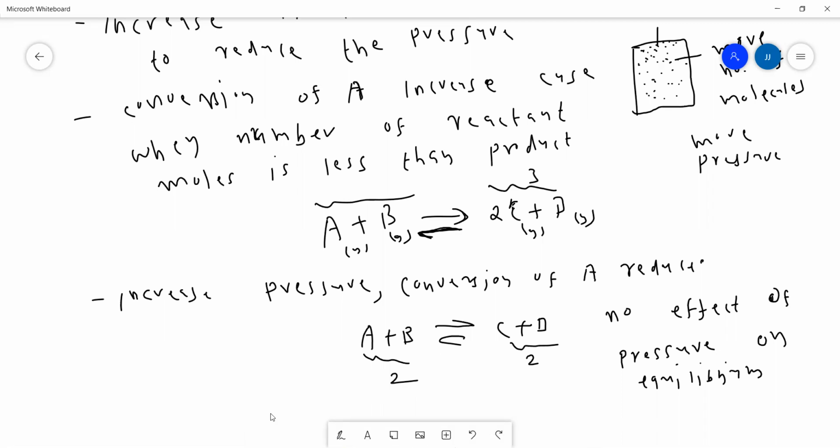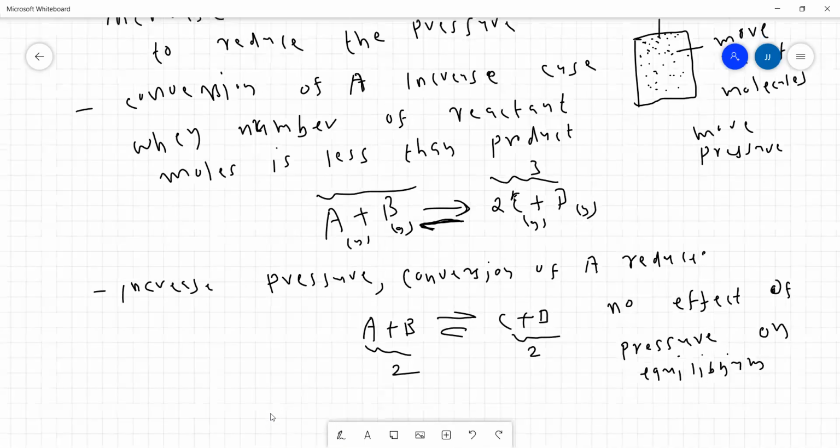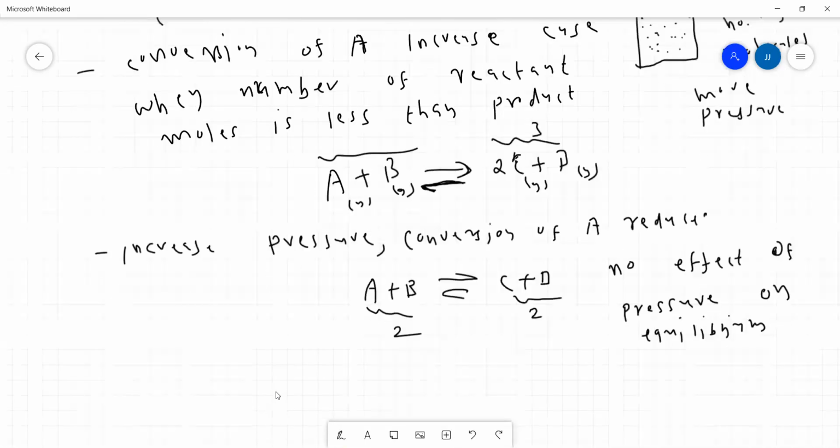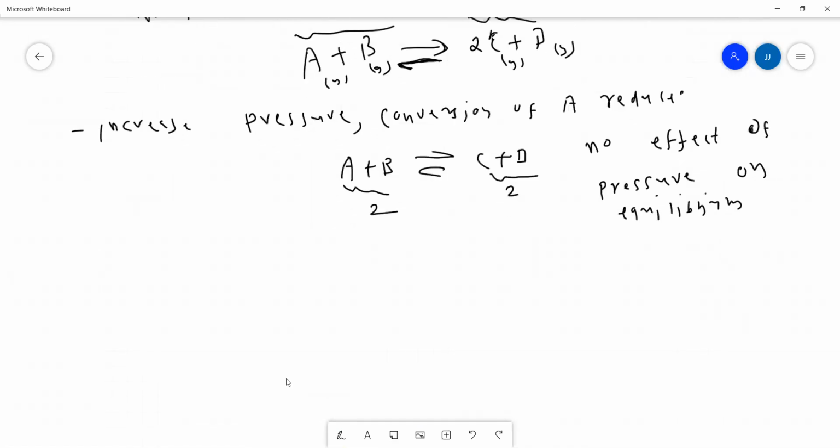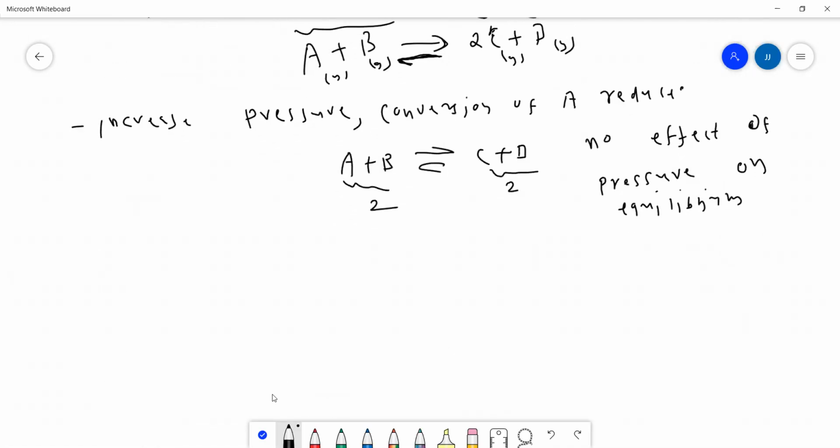Now we know that temperature has an effect on the conversion. We consider a non-isothermal reactor, which means the inlet and outlet temperatures are different.